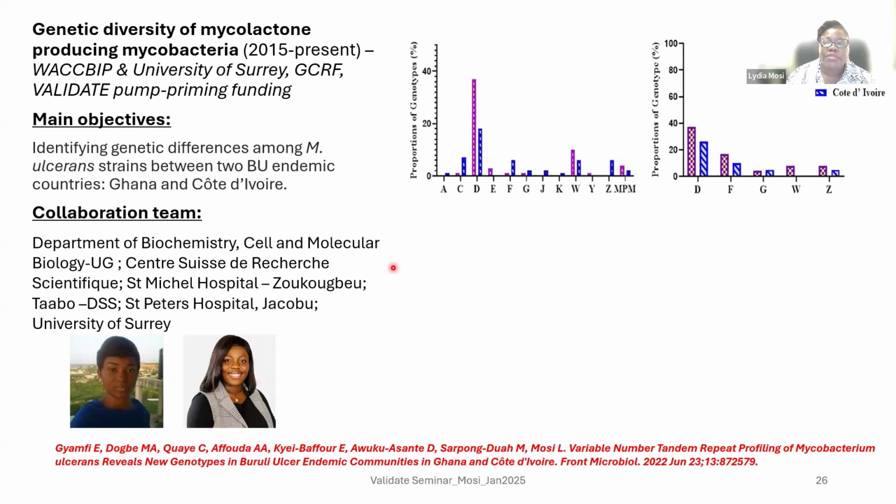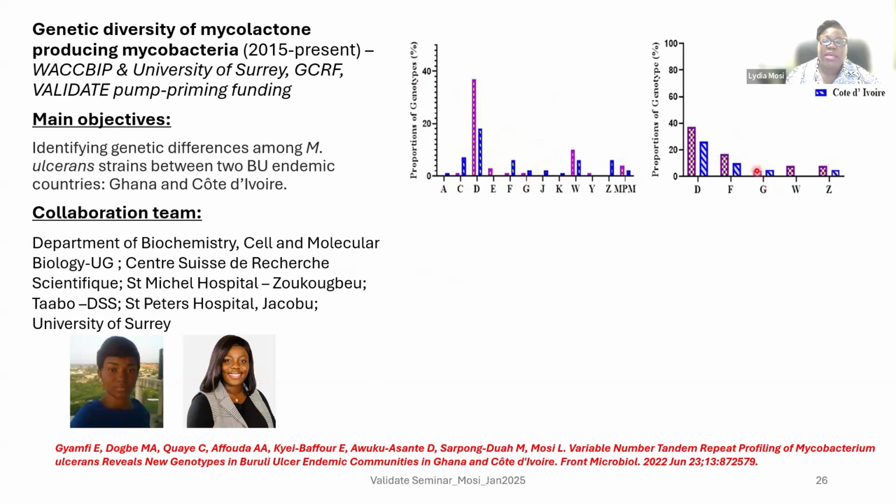And I'm going to show you some of their data, which they did using VNTR typing or profiling of the strains that they found. On the left, I'm showing you the different types of profiles which were identified in environmental samples compared to, on the right, profiles which were identified in human samples.